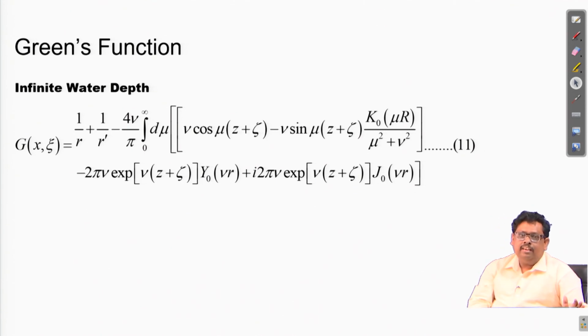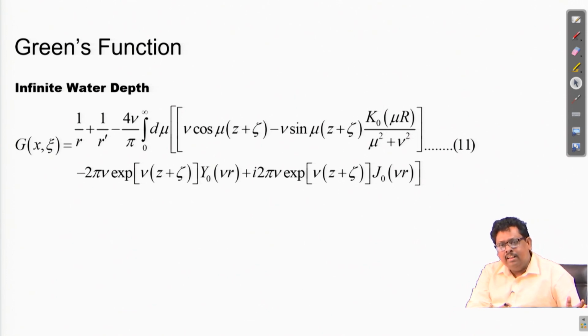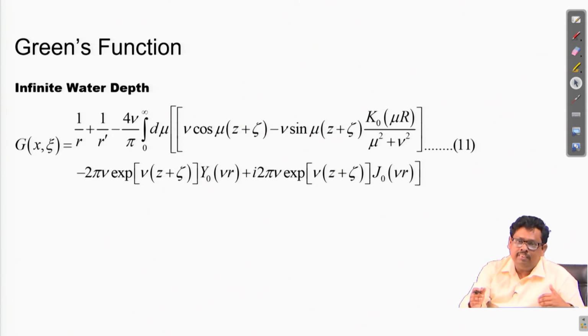First of all, it is not only that there is a singularity where i equals j at that particular point, you also need to compute a Green's function whose integration limit is 0 to infinity. Therefore, it must be convergent, I mean you have to look for the convergence.